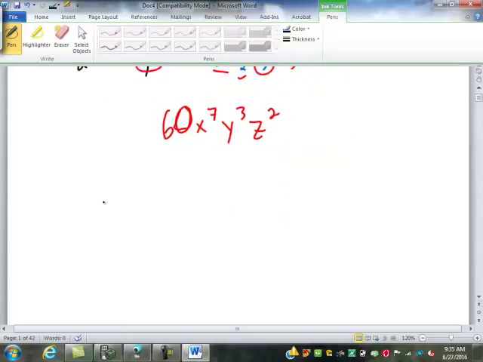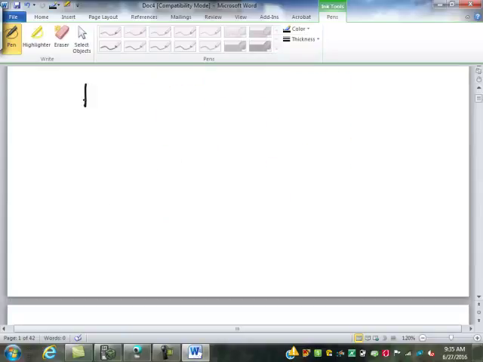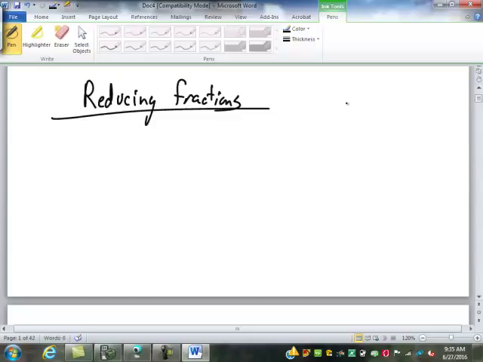Well, now we're going to change gears just a little bit. Reducing fractions. When we were reducing fractions, like 8/12, we were looking for not least common multiples, but greatest common factors.